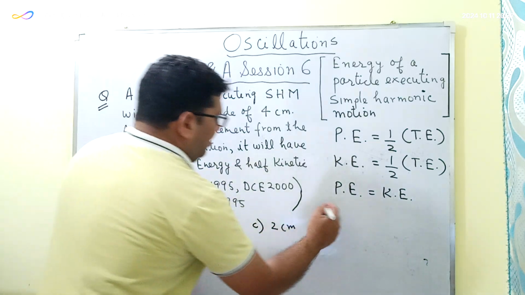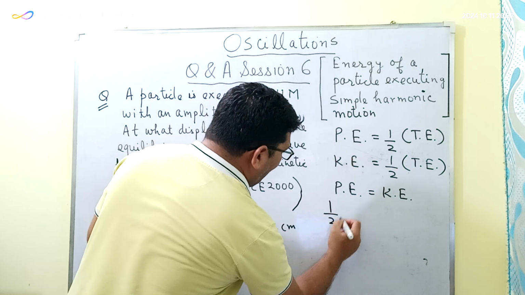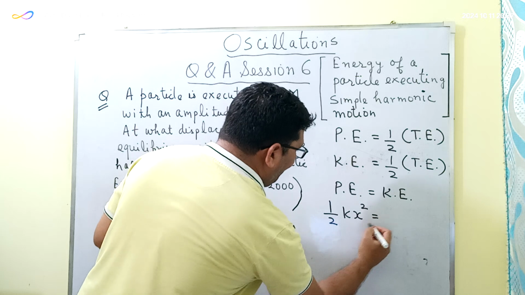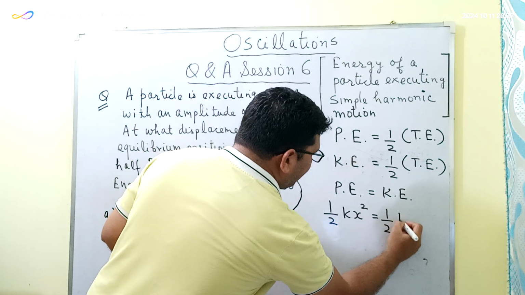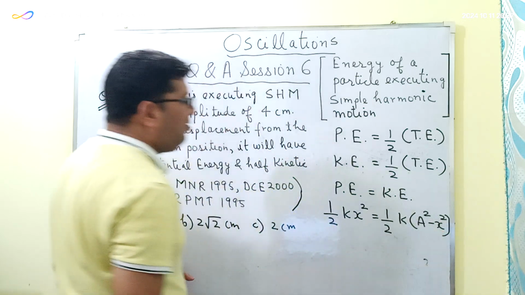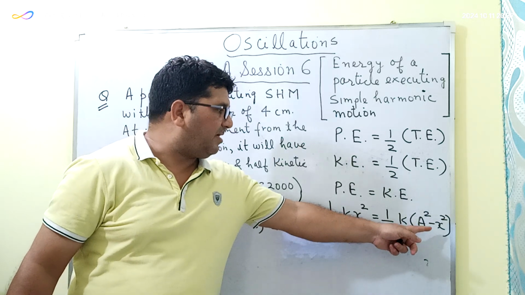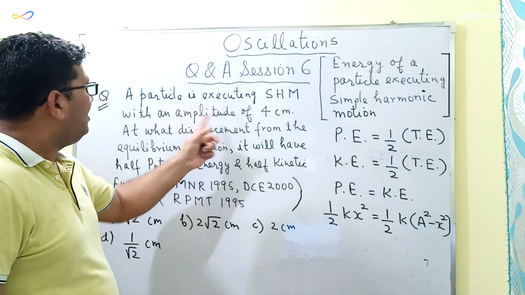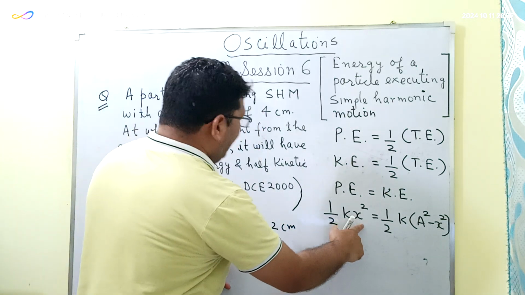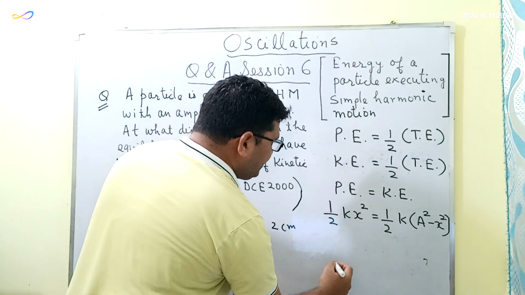Since the potential energy of a particle executing simple harmonic motion is equal to half k x square, I can write that half k x square will be equal to half k (a square minus x square), because the kinetic energy of the particle executing simple harmonic motion is equal to half k in bracket a square minus x square, where a is the amplitude of the simple harmonic motion, which is equal to 4 cm in this case, and x is the displacement of the particle from the equilibrium position. Now here k is the force constant.